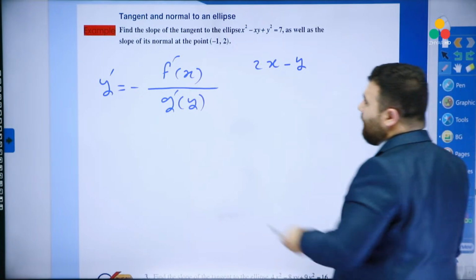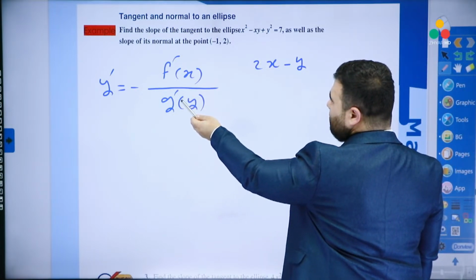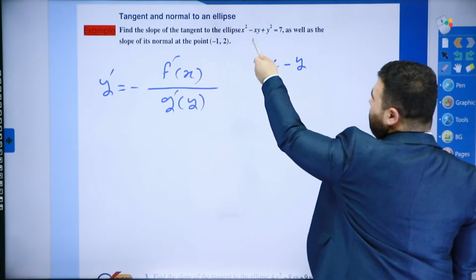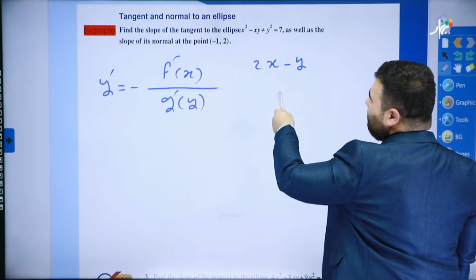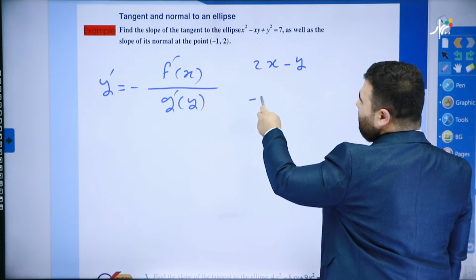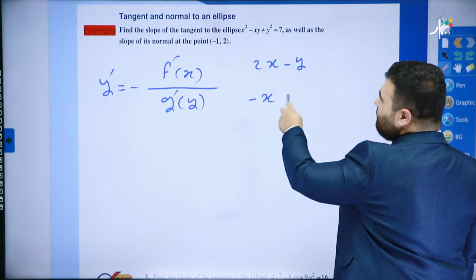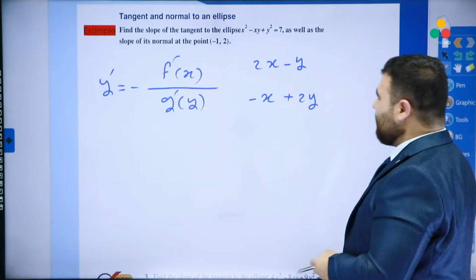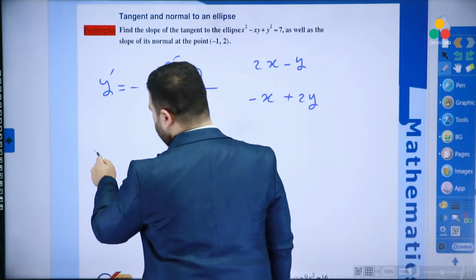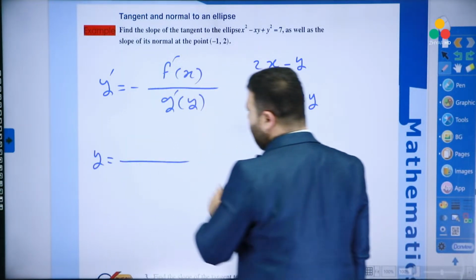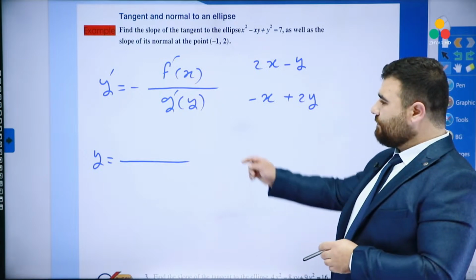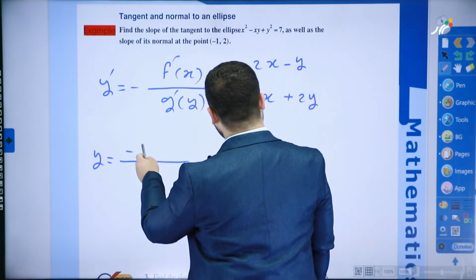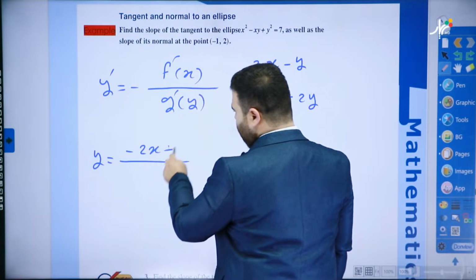That's it. And to find the derivative of the function in terms of y, x power 2 will be 0, negative xy will be negative x, plus 2y. Now put them together, y prime is equal to negative x minus y, so it will be negative 2x plus y.